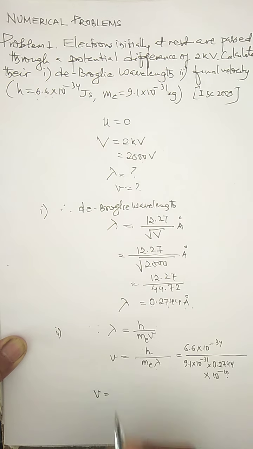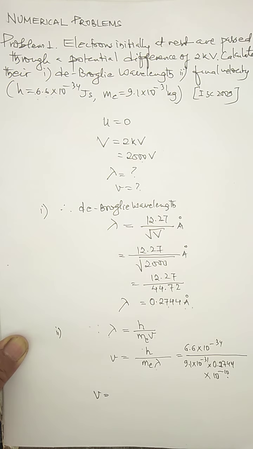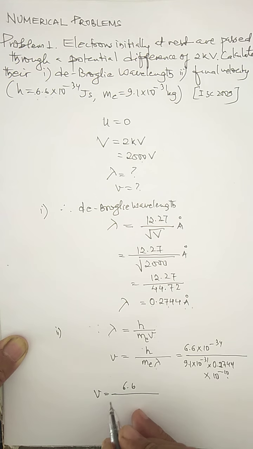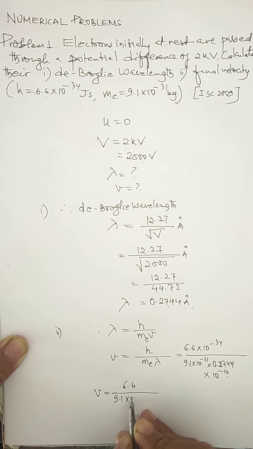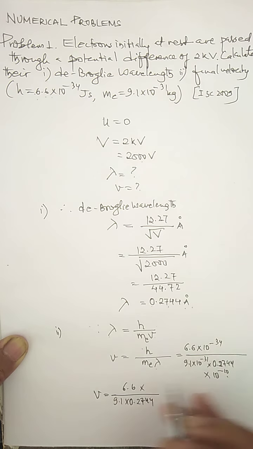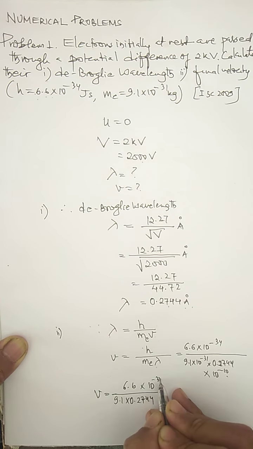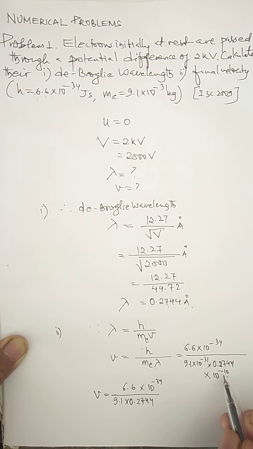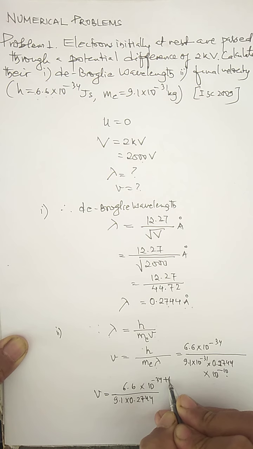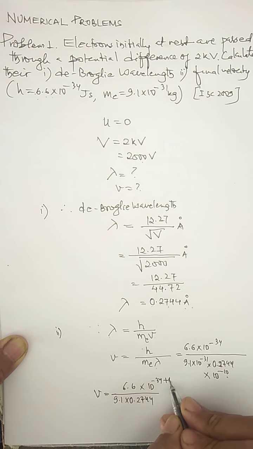Now let me do the calculation of this part. Now minus 34; this power I'll take in the numerator. So 6.6 by 9.1 into 0.2744, into 10 to the minus 34. The minus 31 plus minus 10 means minus 41. If I take it in the numerator, it is plus 41.